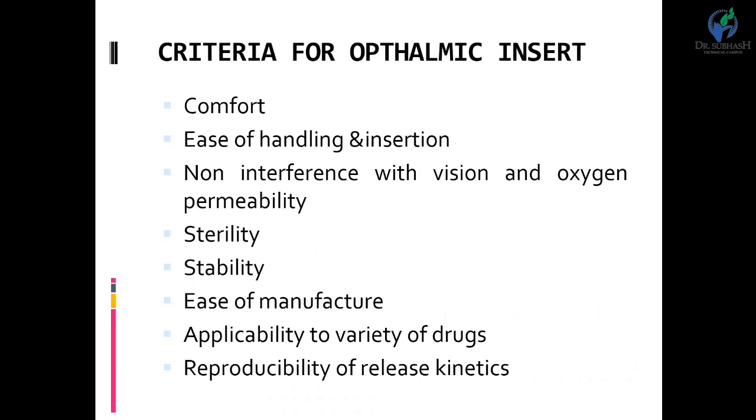Now the criteria for an OcuSert or ocular insert. Here are the ideal characteristics required in an ophthalmic insert: comfort, ease of handling and insertion, sterility, stability, non-interference with vision, oxygen permeability, ease of manufacturing and applicability to a variety of drugs, and reproducibility of the release kinetics. They should also give prolonged release for an extended period of time in a controlled release manner.